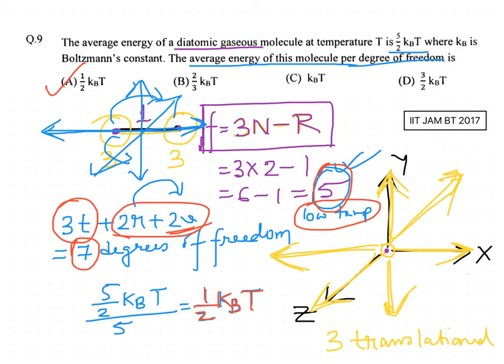So you need to understand which degrees of freedom you need to consider at which temperature. Here you need to consider the normal temperature, at which the number of degrees of freedom is 5.